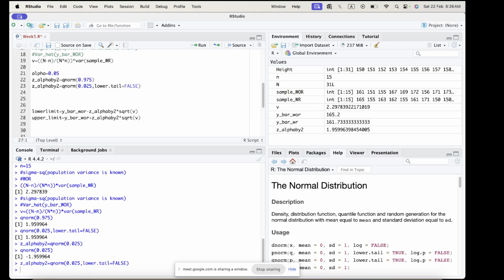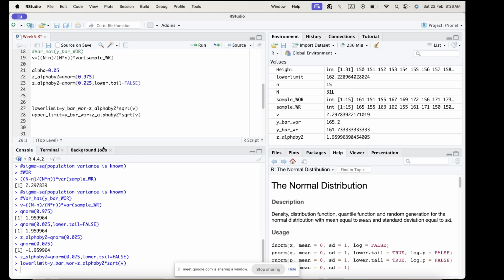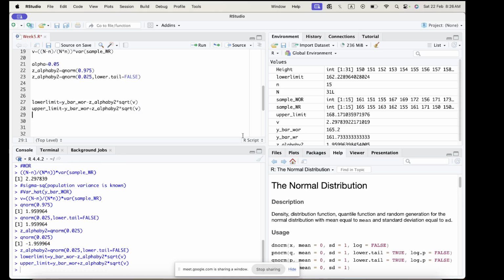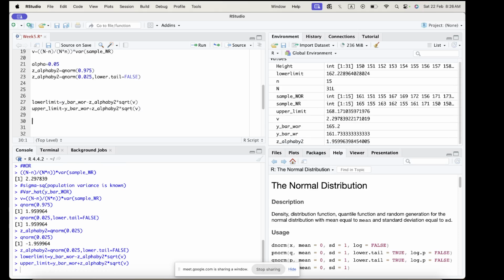Okay, and now I have the lower limit and I have the upper limit. So then, if I write paste, the 95% confidence interval for capital Y bar is lower limit, comma, upper limit.